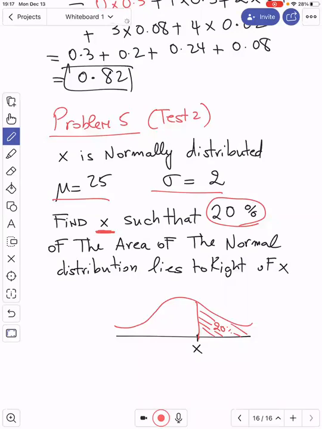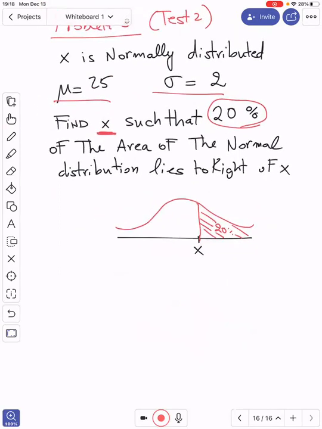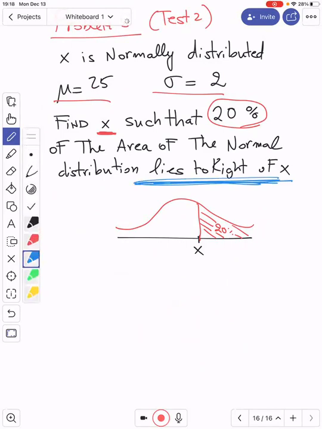Again, the 20% is our probability. The key word here is that this 20% lies to the right of x. It's not to the left, it's to the right. Because we can use the table to find the areas to the left, we need to go from the area to the right to the area to the left.